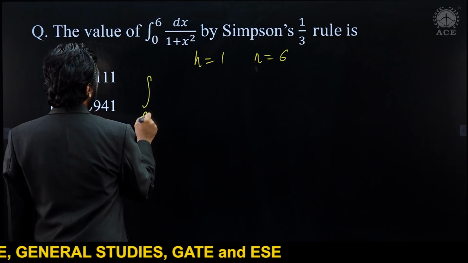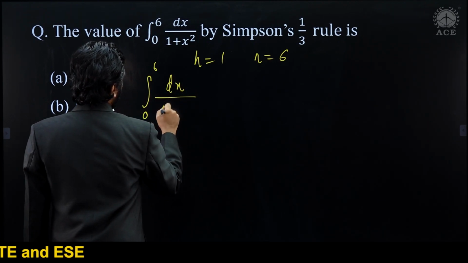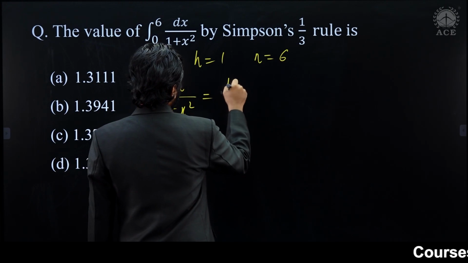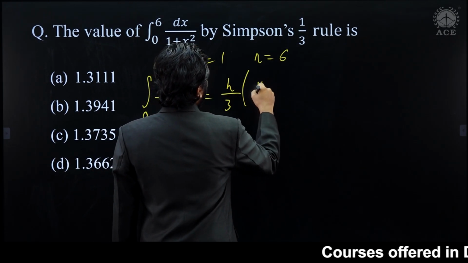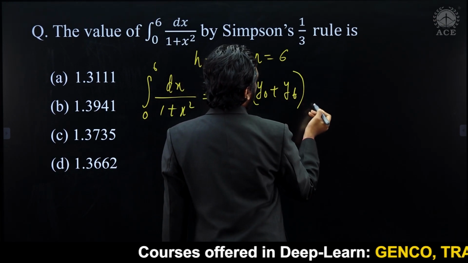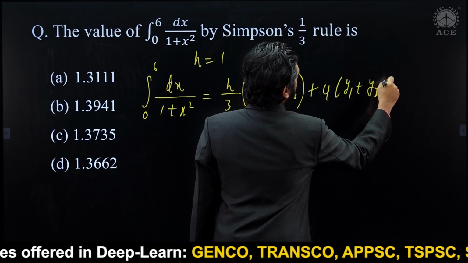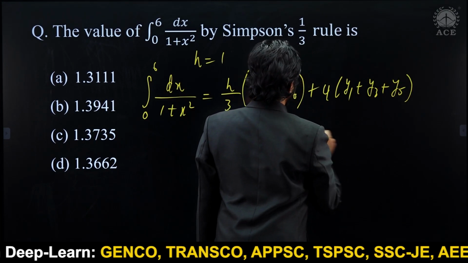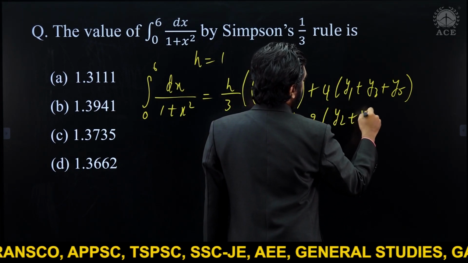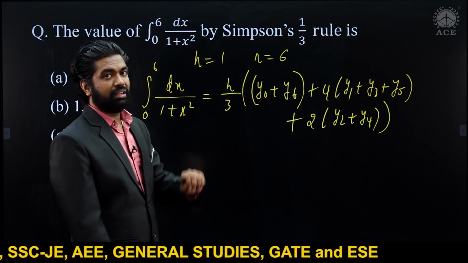According to Simpson's rule, this integral, that is integral 0 to 6 dx by 1 plus x square, will be equal to h by 3 times y0 plus y6, plus 4 times y1, y3 and y5, plus 2 times y2 plus y4. So this would be the Simpson's rule with this number of subintervals.